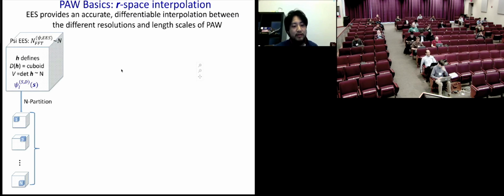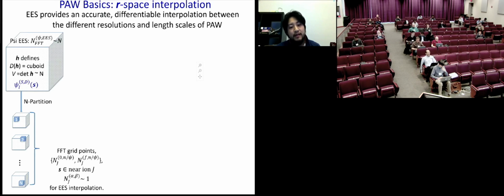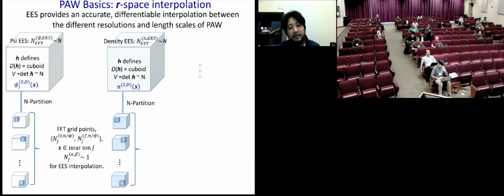For atom 1, only the FFT points in the little box are associated with atom 1, and so finding this little box can lead us to some quantity in the real space around each atom. And similarly for the density.